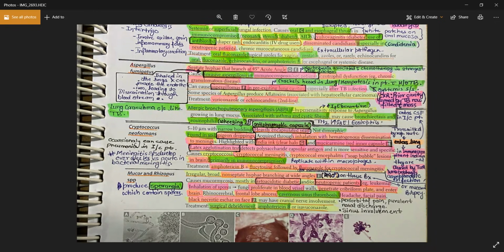And I think there's one more thing I need to tell you about this, which is the invasive infections of the aspergillus. Okay, that generally happen in neutropenic patients only, like I already mentioned. And let me show you this.